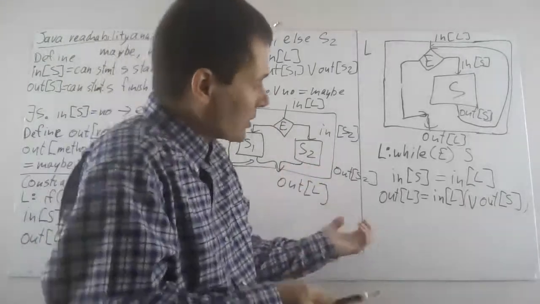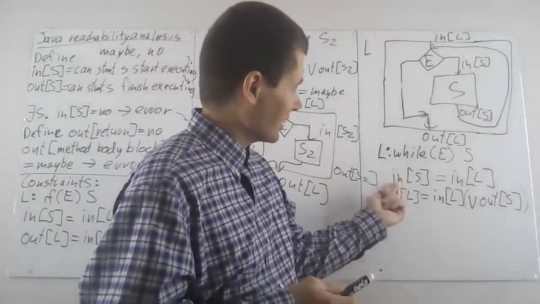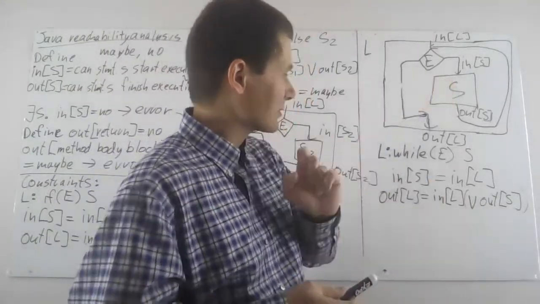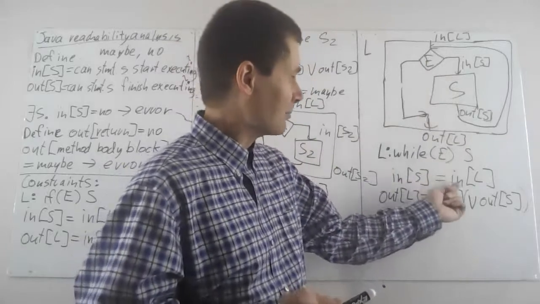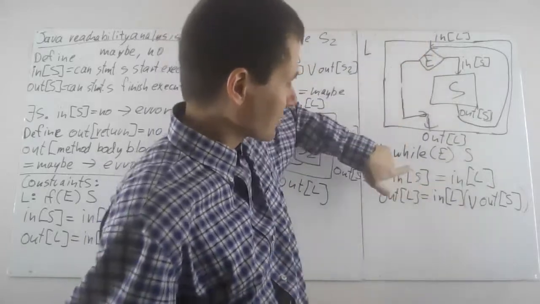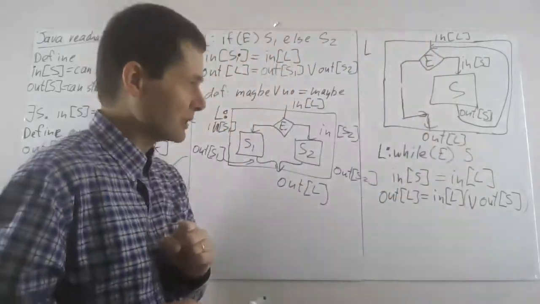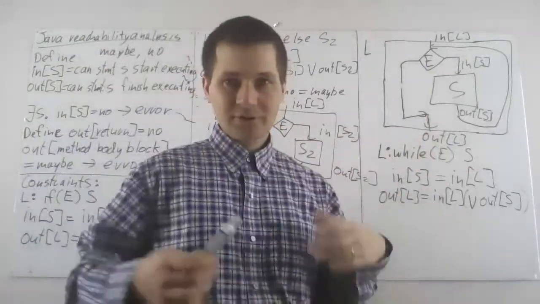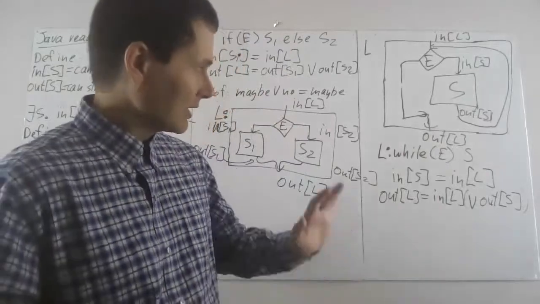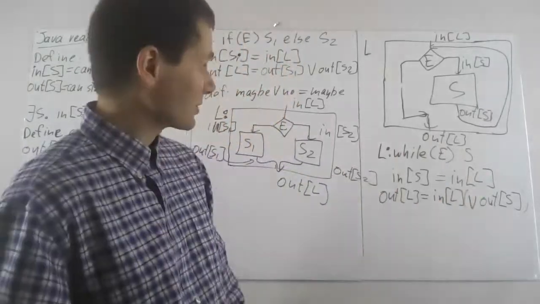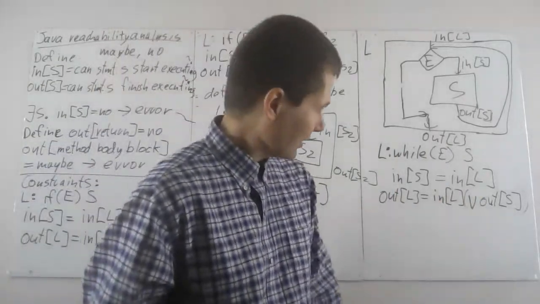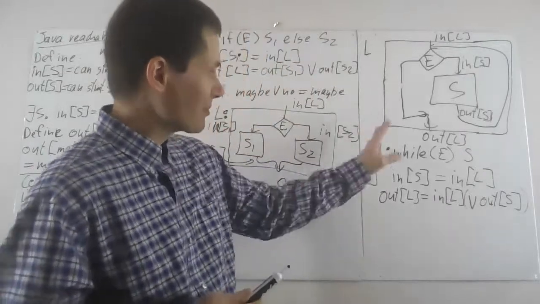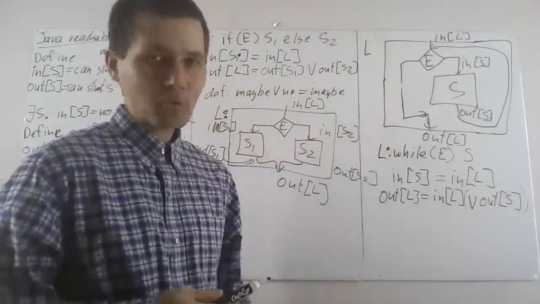So the equations that you can implement are just in of S. The body of the loop is going to be reachable if the loop itself is reachable. So in of S is going to be equal to in of L. And out of L is also just going to be equal to in of L. So that simplifies the equations a little bit. Okay. So those are the equations for a while loop.